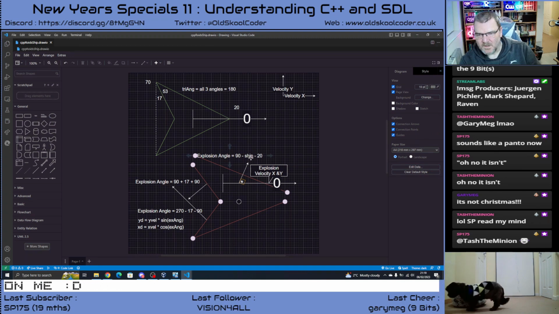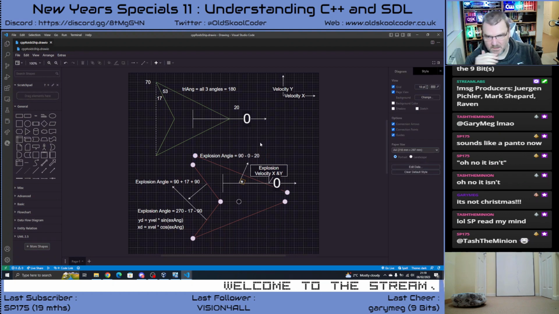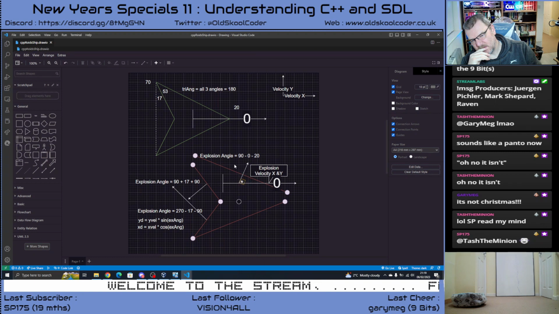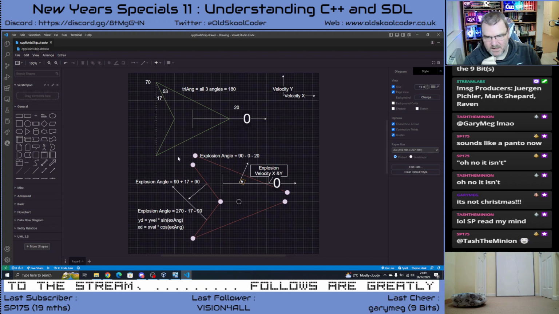So let's say the ship is at 0, just for argument's sake, which it is. So that is 20, which is the same as that. So it's 90 minus 20.